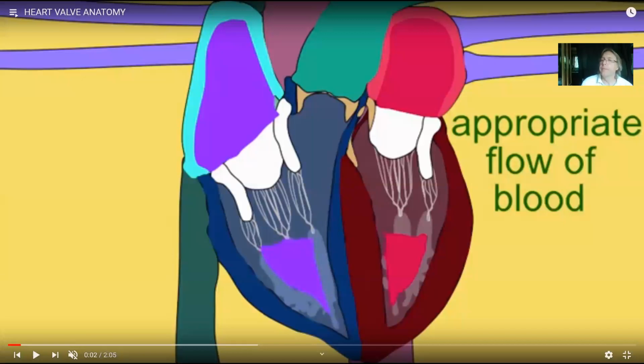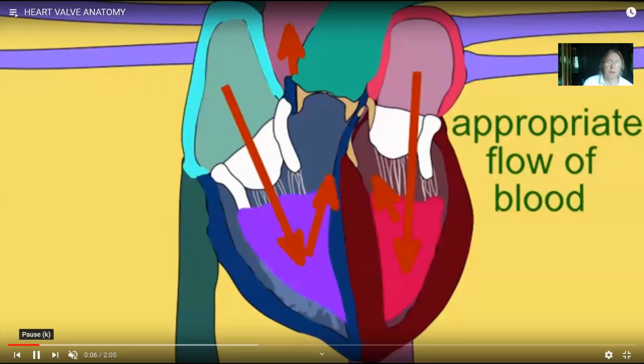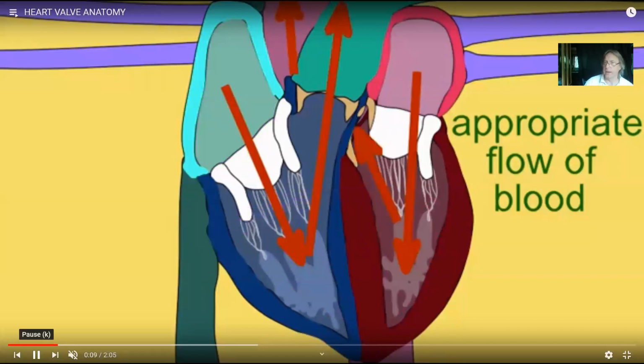There are valves in the heart. The reason there are valves in the heart is because that pathway, which I had just covered, there's an appropriate way for the blood to go from the atria into the ventricles, and from the ventricles into the vessels, which then leave the heart. That's the right way for blood to go.